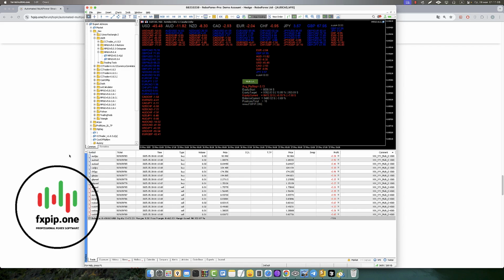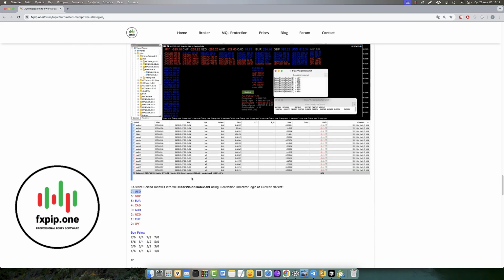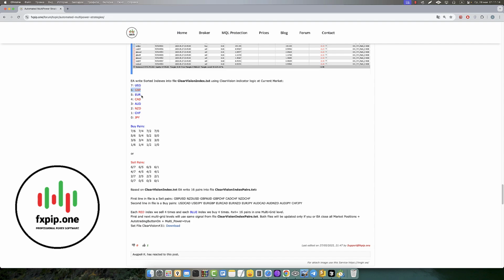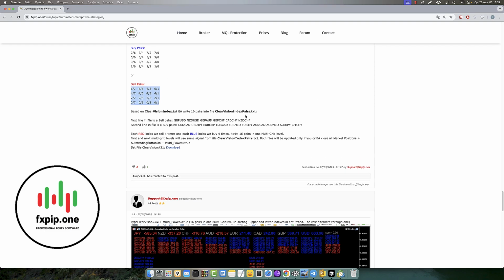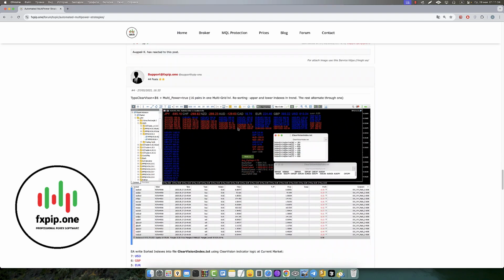So see, it's a 16 orders strategy. We sell 4 currencies 4 times, and if it's red and if it's a blue currency, we buy this currency 4 times with different red. We form pairs with these red color indexes. So we receive buy and sell pairs. Also, I posted some set files if you don't understand, but there is nothing to understand.